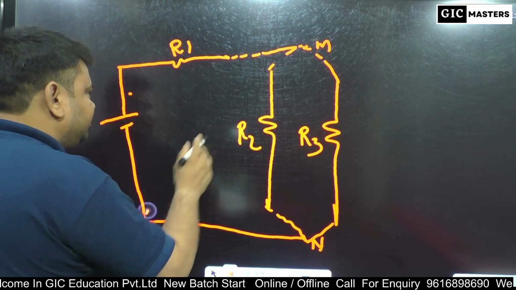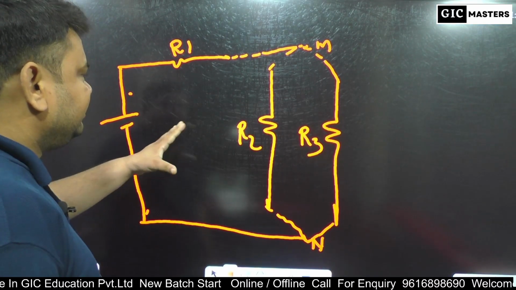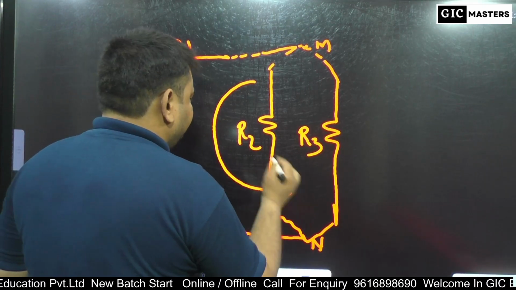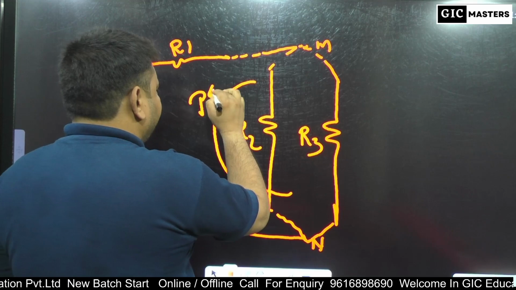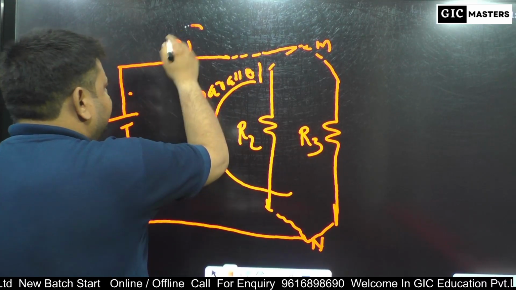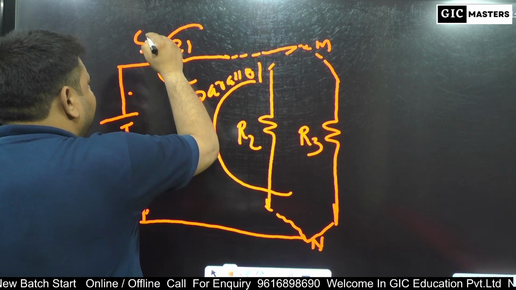This combination is called a series parallel combination because these are parallel but in series with resistor R1.